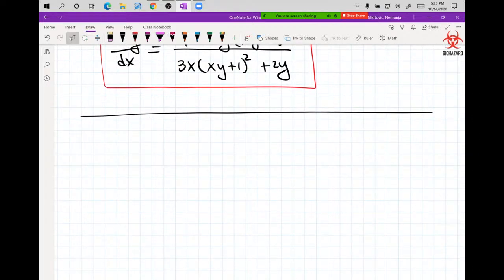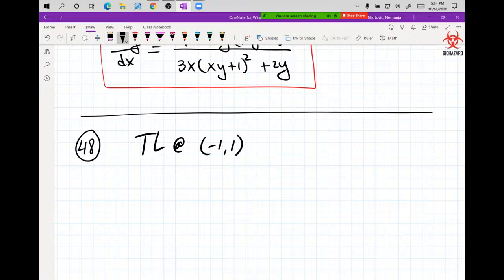You know what? Let's find one of these tangent lines. We can do higher derivatives also next class. It's not a big deal. Let's do one of the tangent lines and then call it a day. So tangent line at (-1, 1).